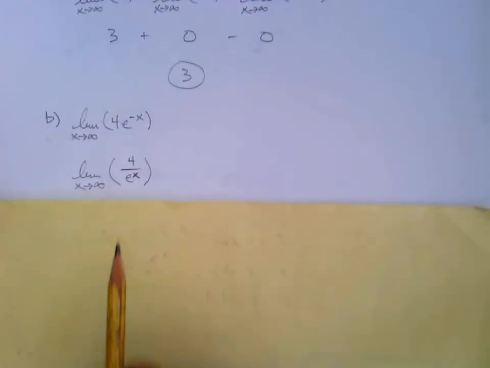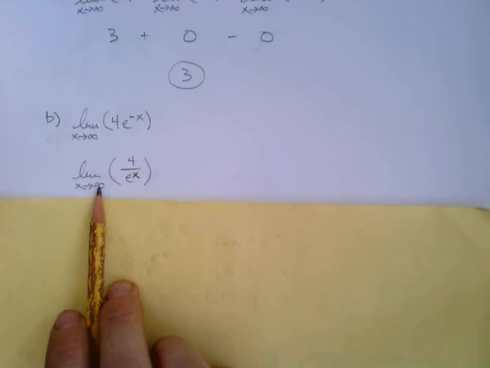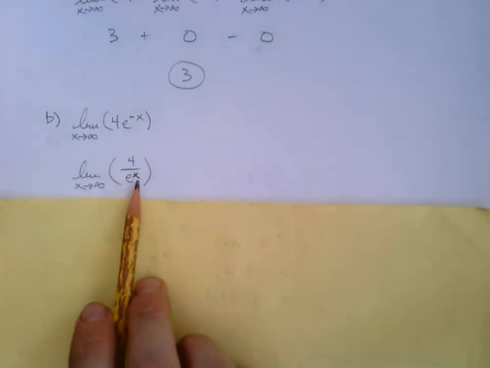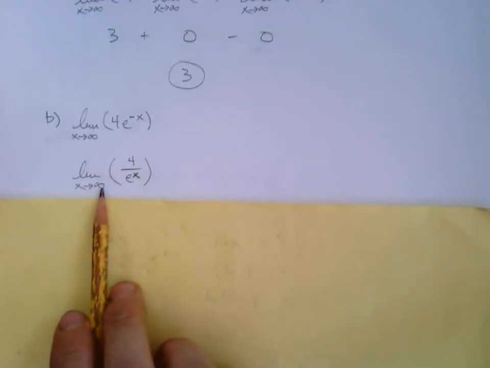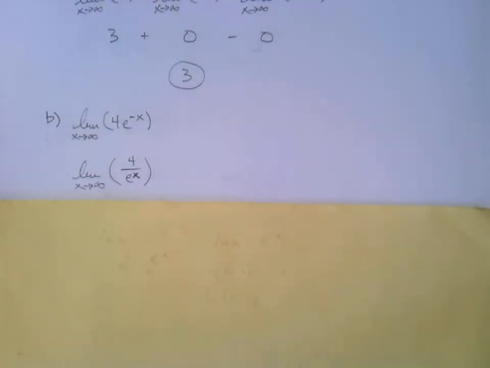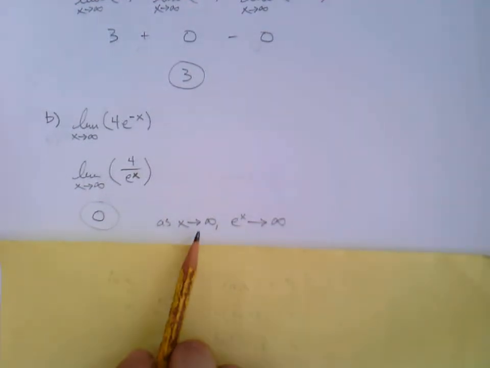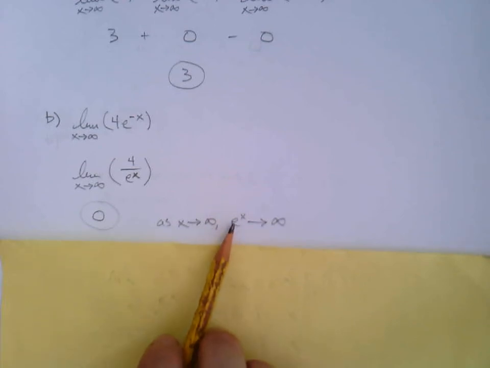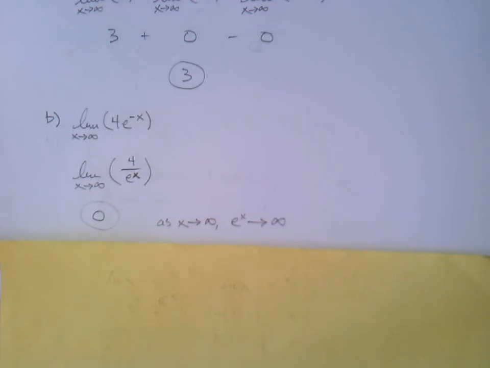Why is that? So let's think here. So if x is getting bigger and bigger and bigger, what's happening with the denominator e to the x? And well, I'm kind of showing all of my work here. As x goes to infinity, as x gets bigger, isn't e to the x going to infinity as well? Actually, way faster, right?